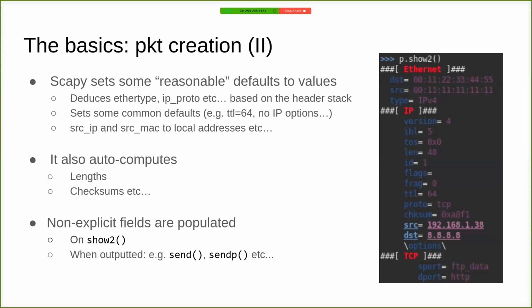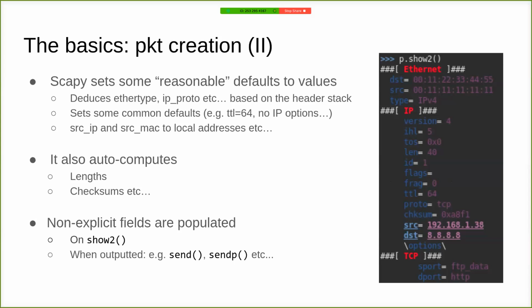So with regards to the packet creation, as you have seen before, in the example before, I didn't really specify all of the fields of all of the layers in the packet. This is because Scapy by default will put some reasonable values into the different protocol headers.